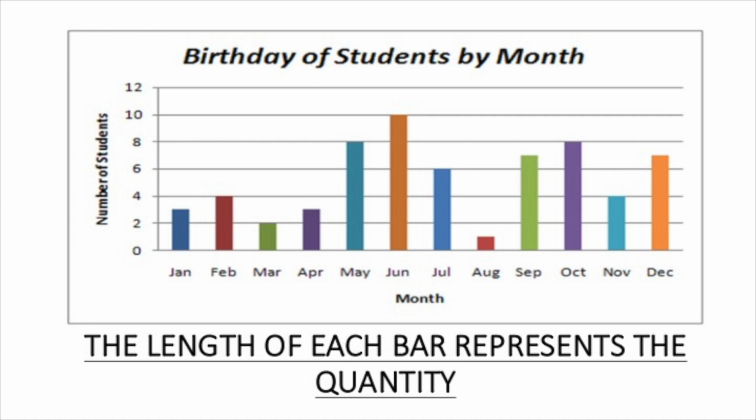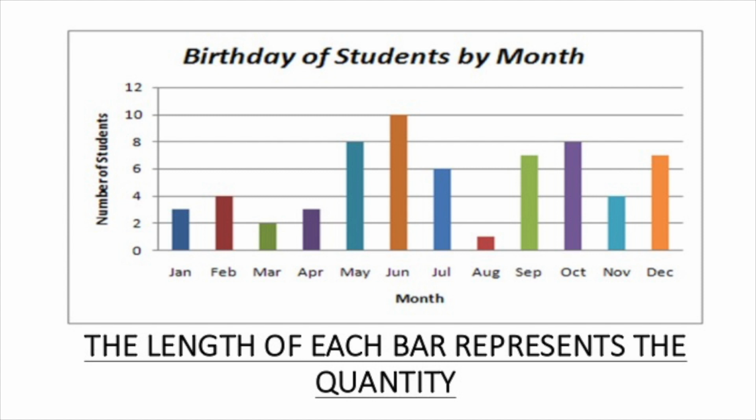This bar graph is about birthdays of students. So we have our months on the bottom: January, February, March, April, May, June, July, August, September, October, November, December.